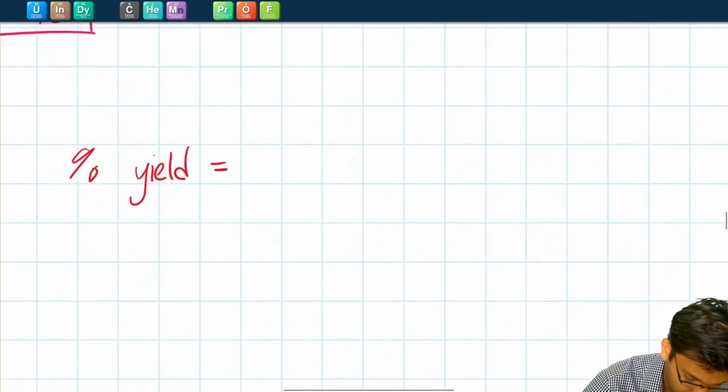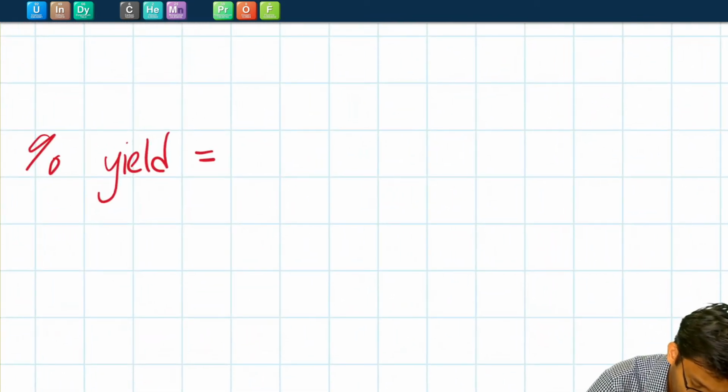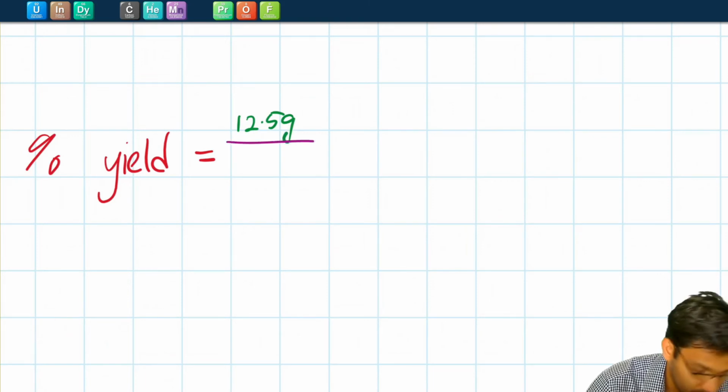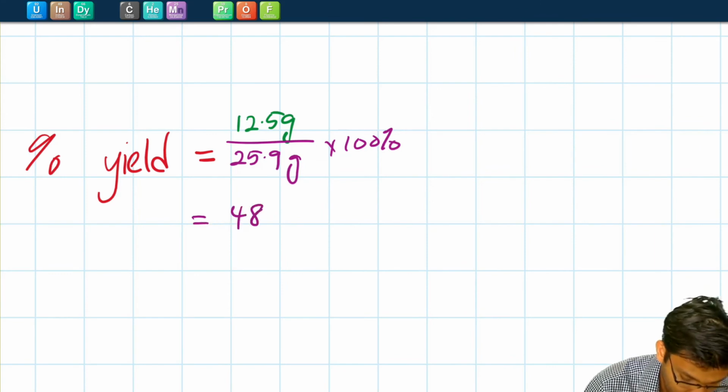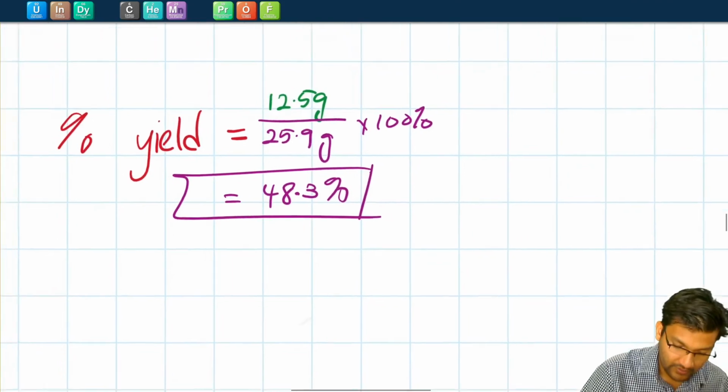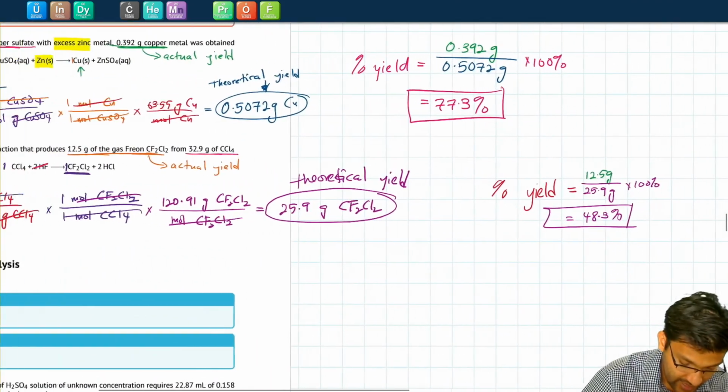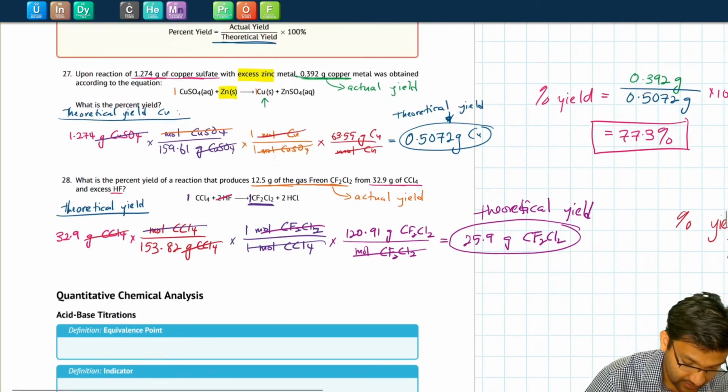So here we go. 12.5 grams. The theoretical yield that we just calculated was 25.9 grams. So all of that times 100% gives us a percent yield of 48.3%. So there we have it. There we have our percent yield.